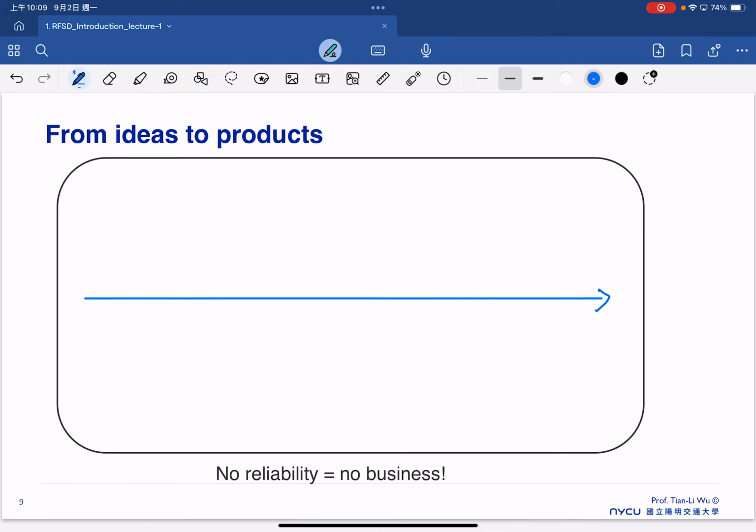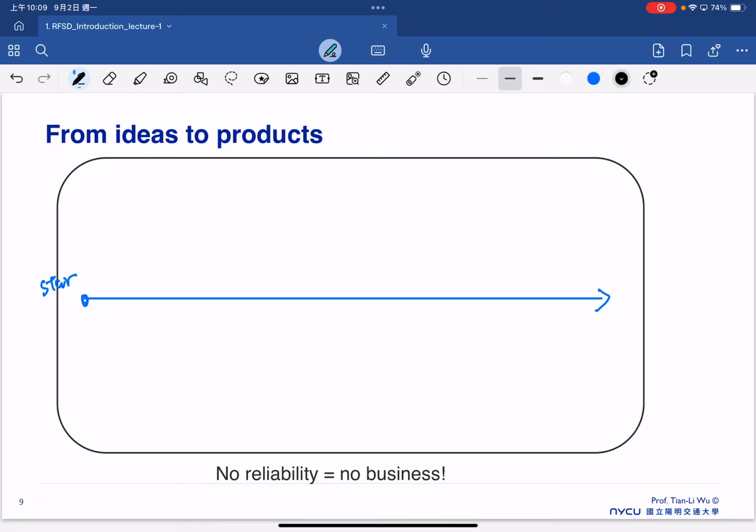So the first one for sure is our start. When we try to make a new product, we always get some good ideas in the beginning. But actually, before the ideas, we first have to understand the requirement.